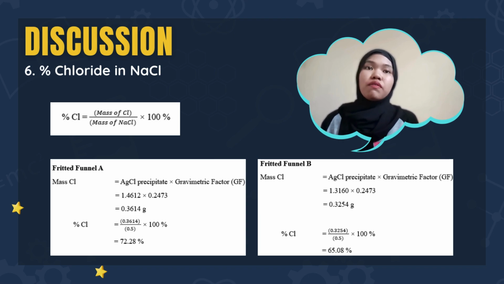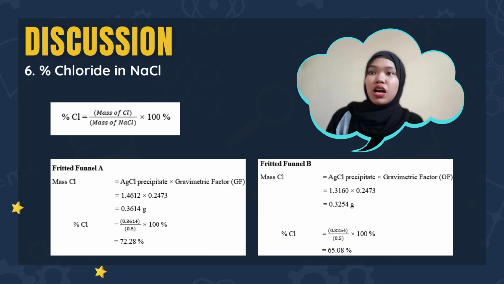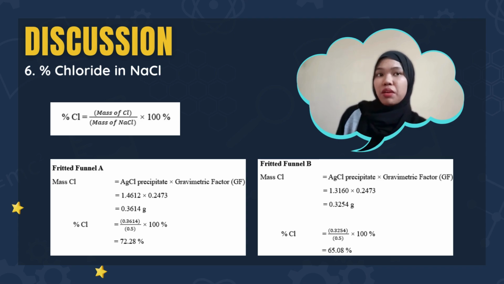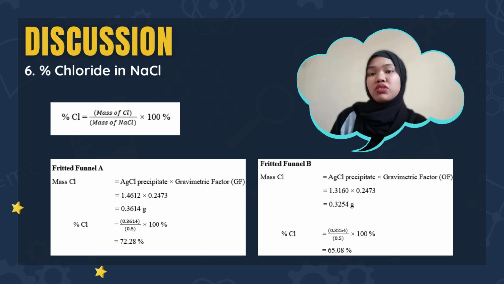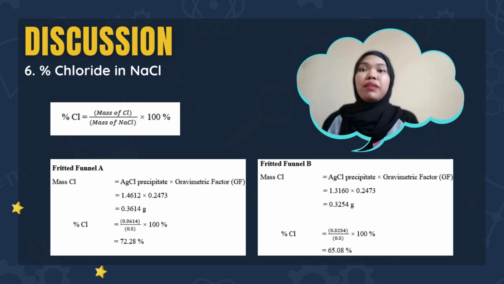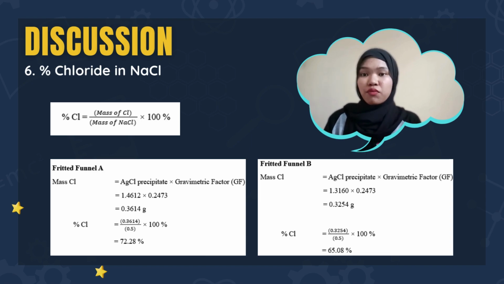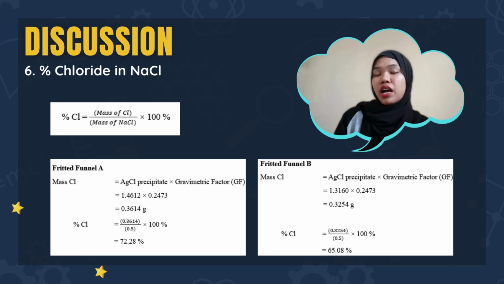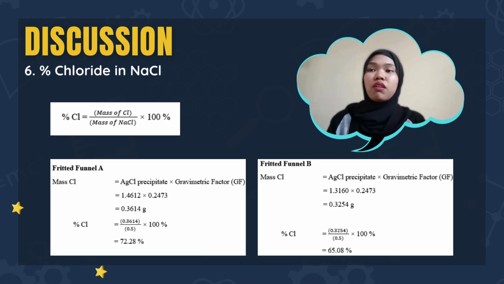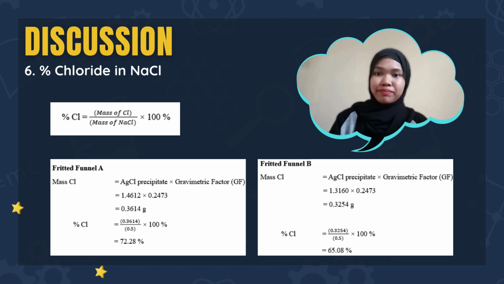After forming the argentum chloride precipitate, first thing first is that we must determine the weight of it. To find the mass of chloride within the precipitate, we need to take the value of the gravimetric factor, which is the ratio of the molar mass of chloride to the molar mass of argentum chloride, and multiply it by the mass of argentum chloride. This gives us the mass of chloride. With the mass of chloride in hand, we can then calculate the chloride percentage in the sodium chloride sample using the formula mass of Cl over mass of sodium chloride sample, multiplied by 100.